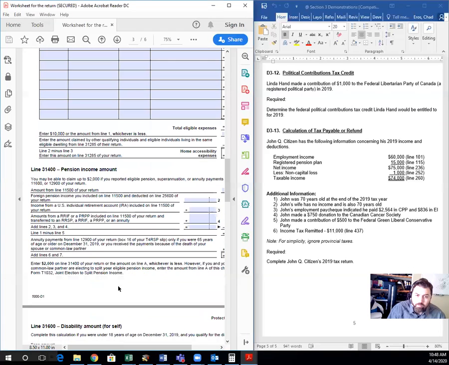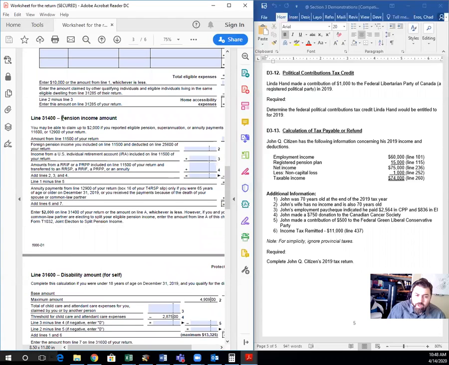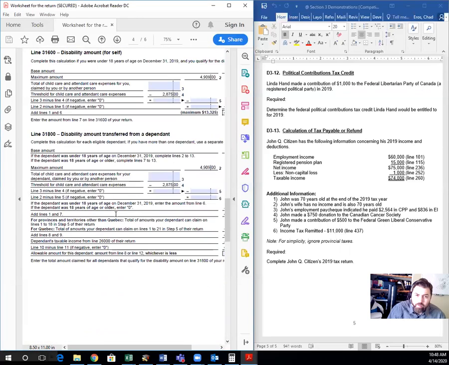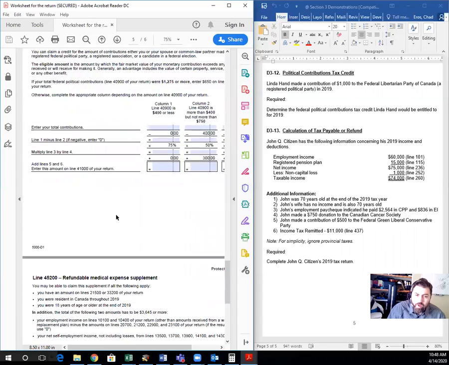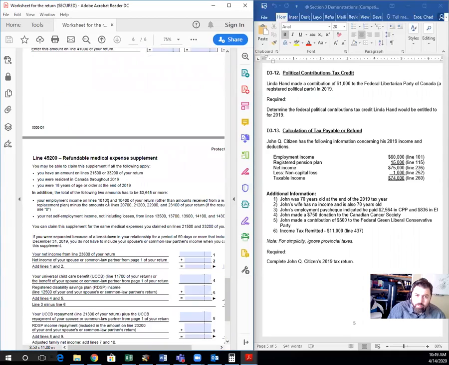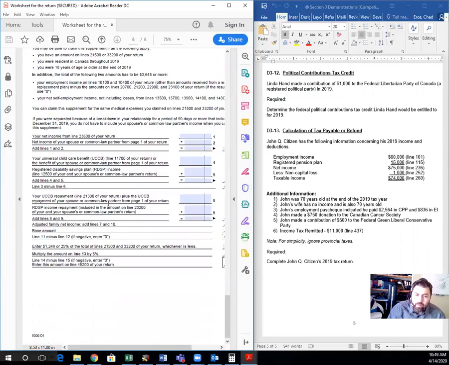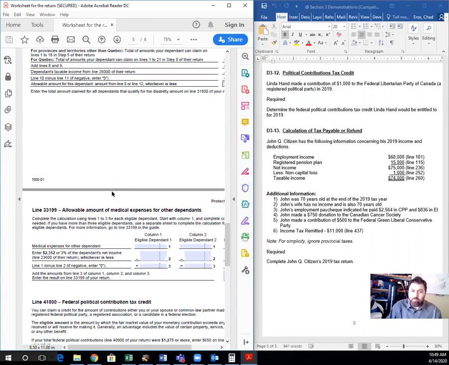Age amount, pension income amount, federal political contribution amount, which we're talking about now. And basically, that's about it.